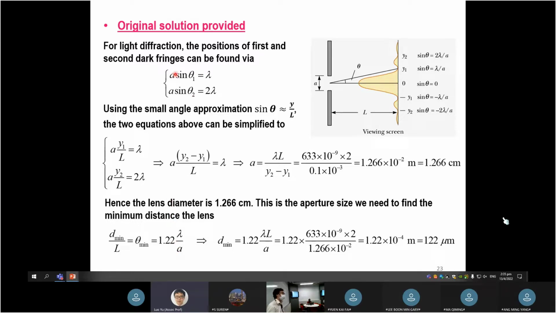You have to use the diffraction equation to calculate the corresponding diameter or width in order to get the final answer. If you do it this way, of course, you will be awarded 4 marks because this is what the original solution provided. But do you say there is any problem?